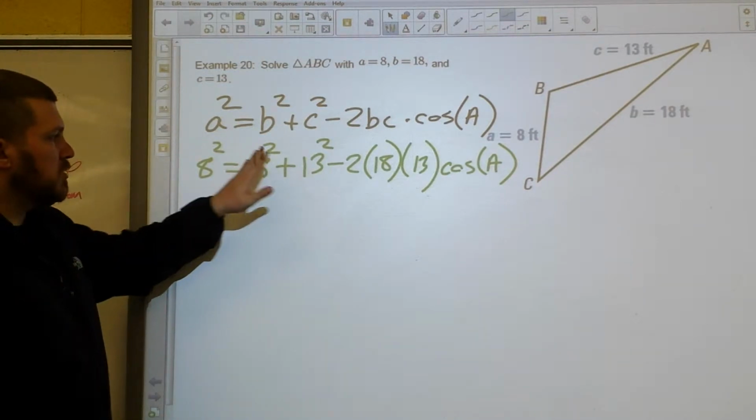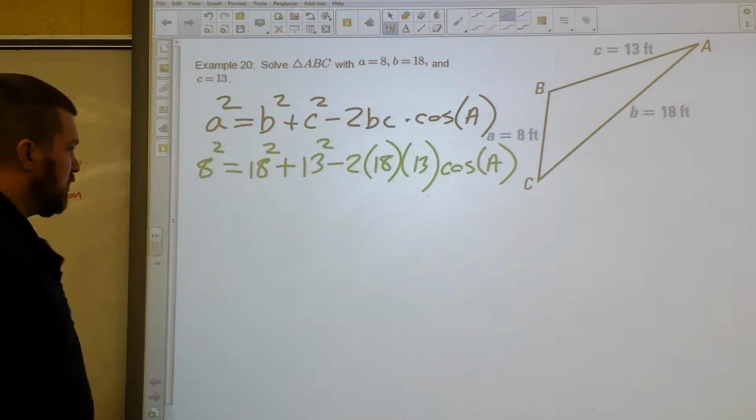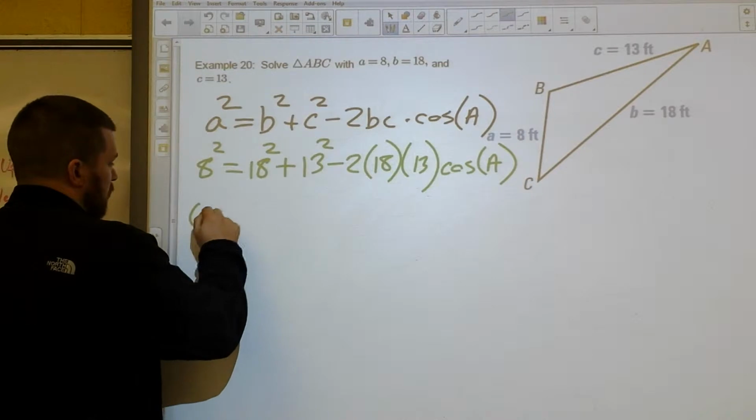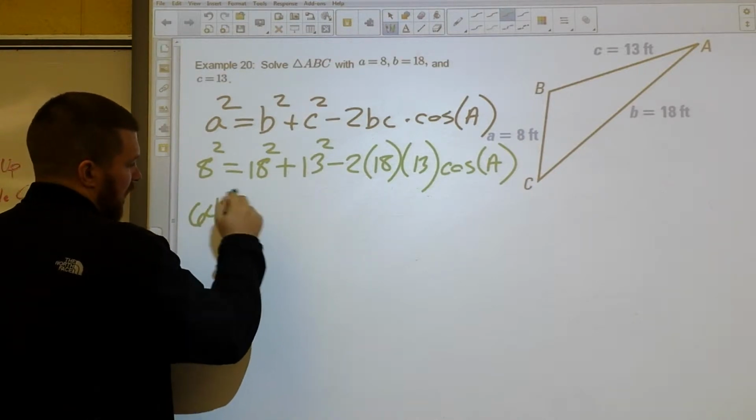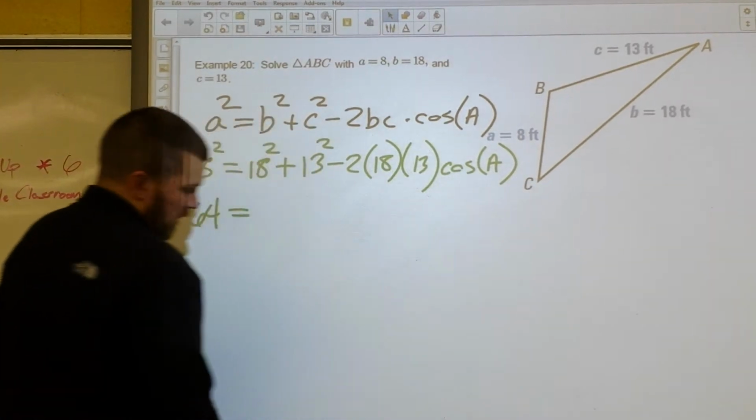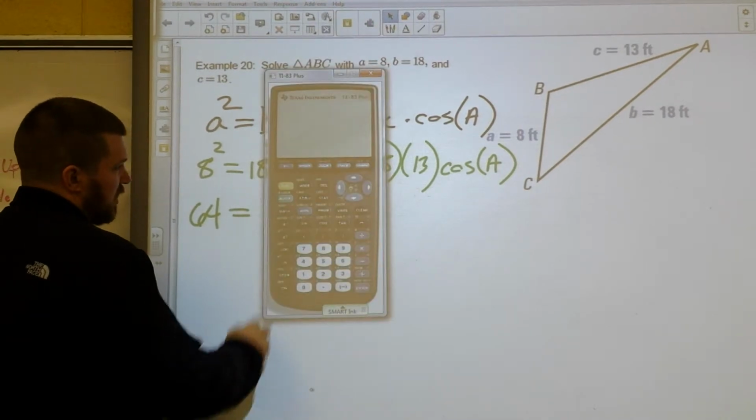Now what I want to do is clean this up. 8 squared is 64. Now I'm just taking baby steps. 18 squared, I don't know what that is off the top of my head.